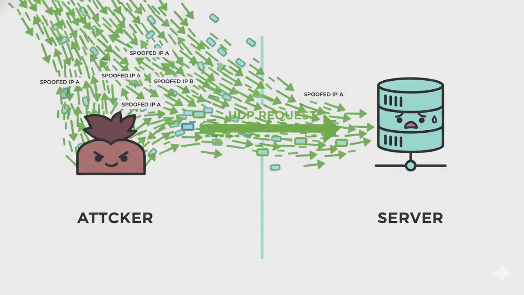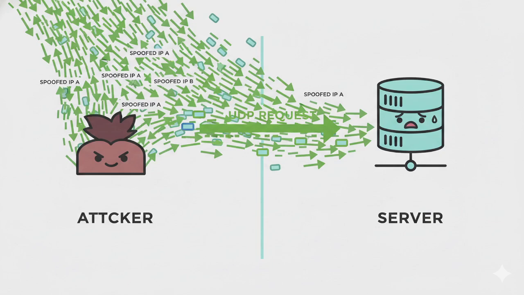Now let's see step 2. Here we see the attacker launching a UDP flood. All these green arrows towards the server are the UDP flood. Crucially, they are using spoofed IP addresses. This means the source of the UDP request is faked, making it much harder to trace the real attacker.